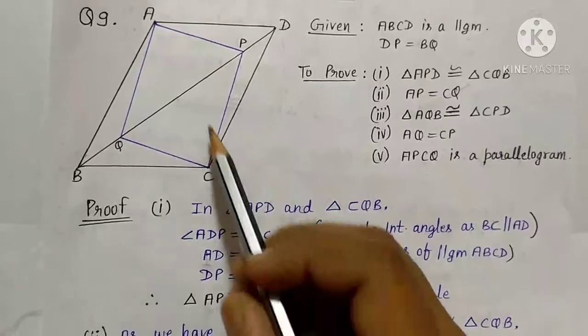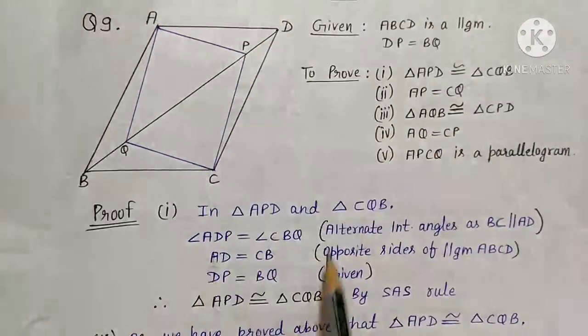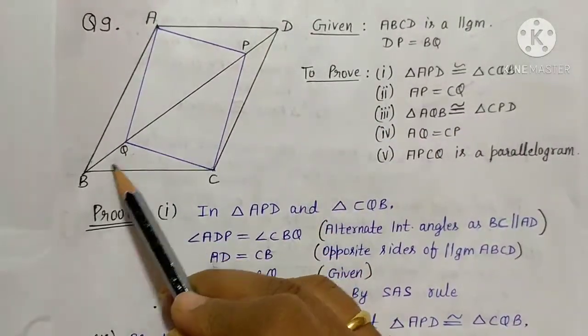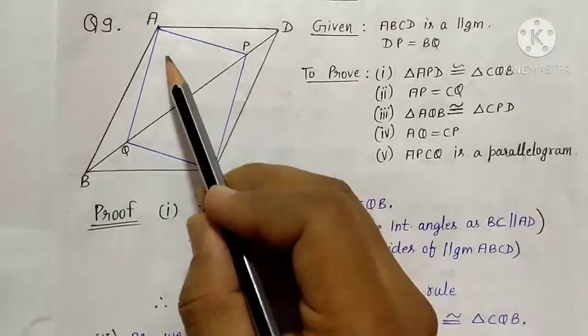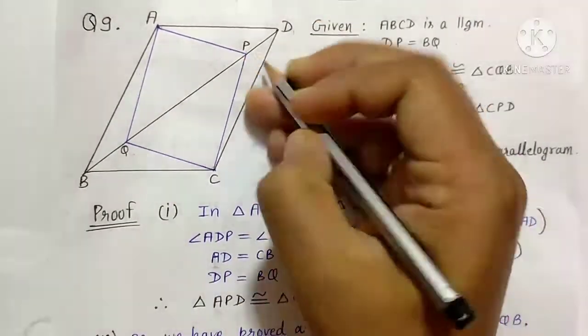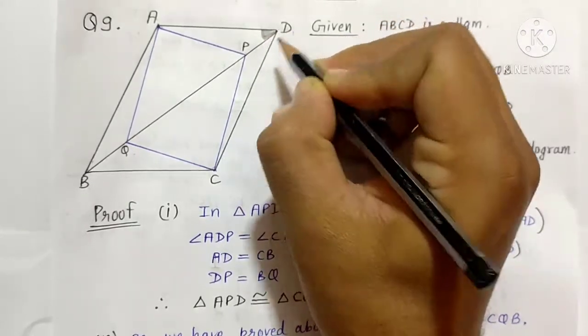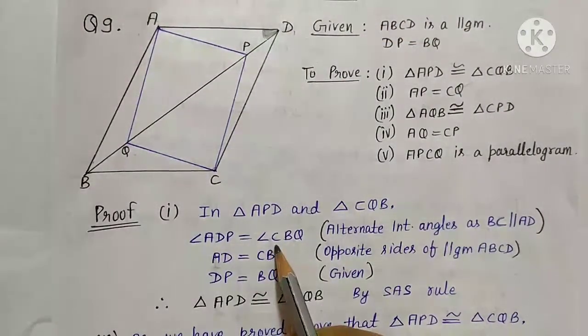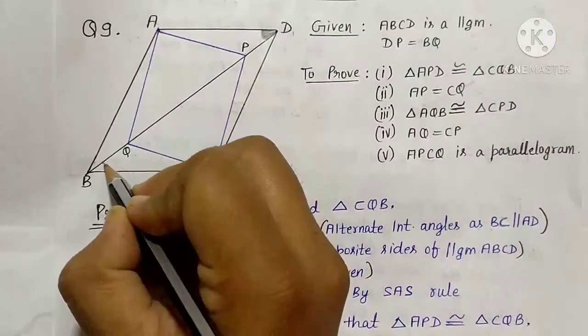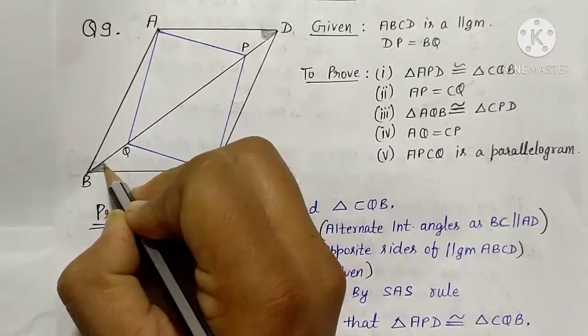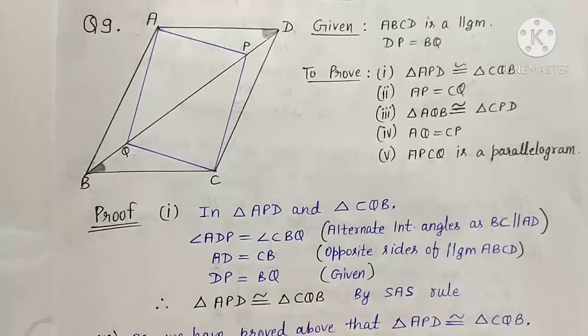So in triangle APD and triangle CQB, angle ADP, we're talking about this angle, is equal to angle CBQ, this angle. We are saying these two angles are equal. Why?